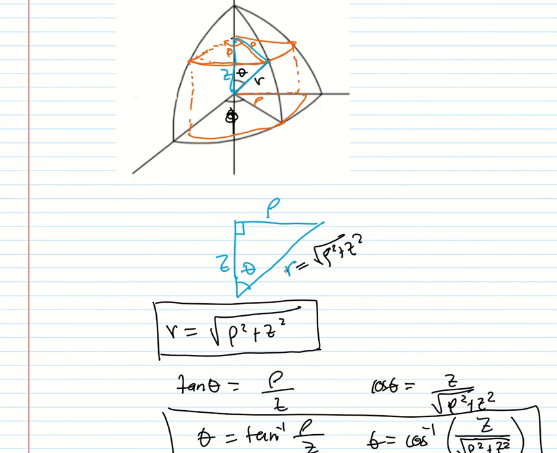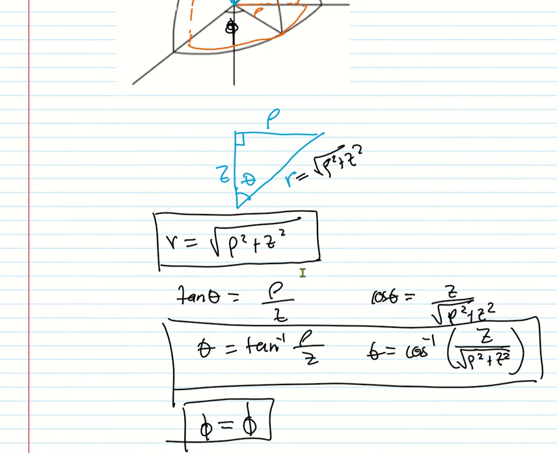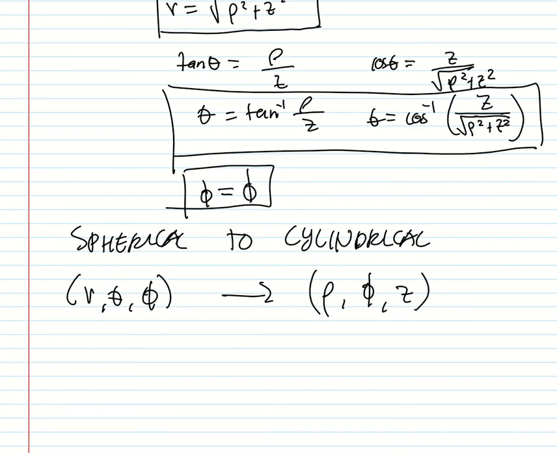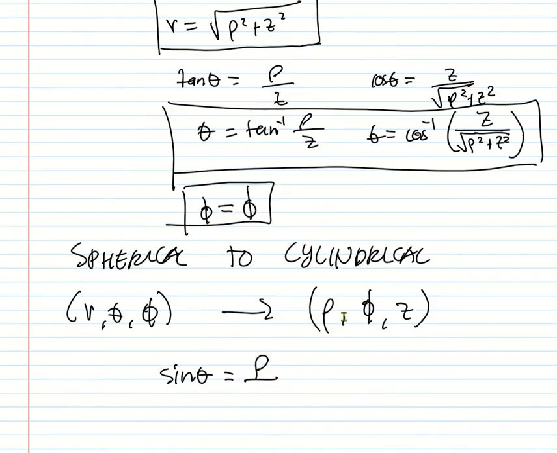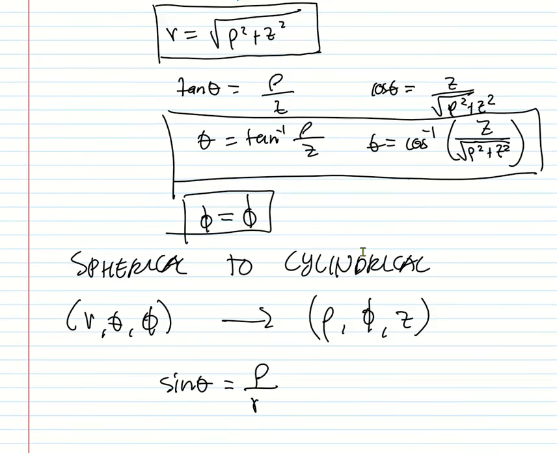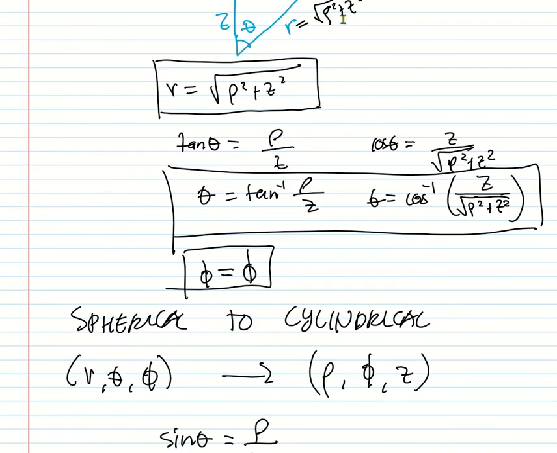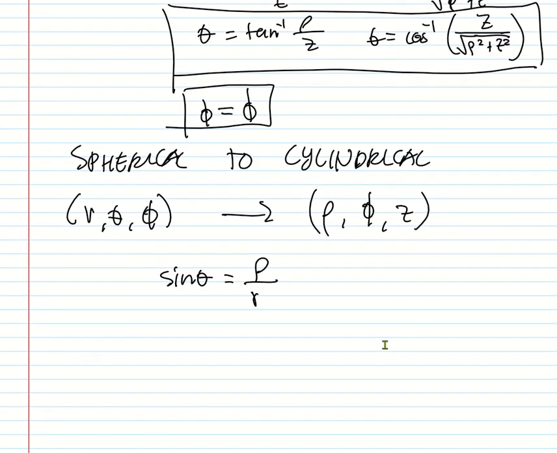If I want to solve for rho, given theta and r, it should be opposite and hypotenuse, that is sine. So sine of theta is equal to the opposite side, which is rho, all over the hypotenuse, which is r. But don't use the square root of rho squared plus z squared, because that is not given. What is given is r. Then solve for rho: rho is equal to r sine of theta.